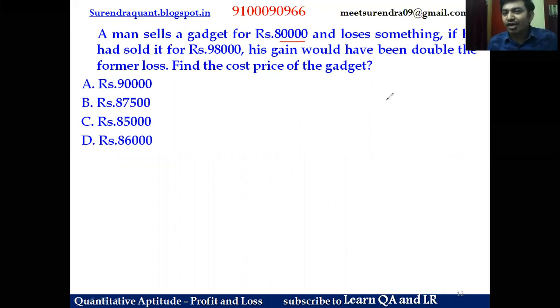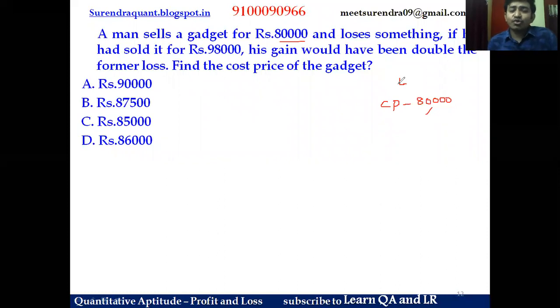So initially there is 80,000 selling price and he got some loss. So what do you mean by loss? Loss is cost price minus selling price, right? But if he had sold it for 98,000 rupees, his gain would have been double the former loss. If 98,000 is the selling price and there is some profit, what do you mean by profit?